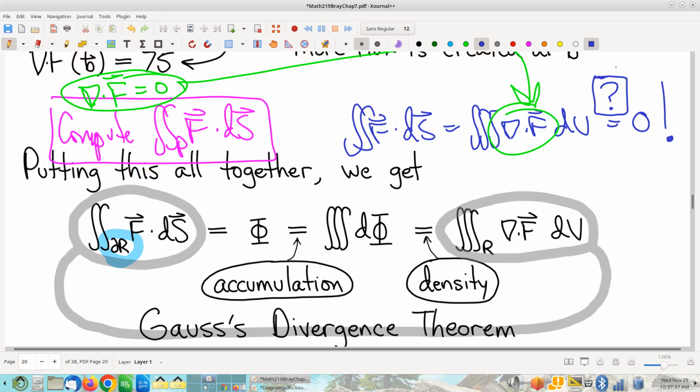This is garbage. You see how tempting it is, though, right? The question was about a flux. Gauss's theorem is about a flux. It really seems like I should be able to just say triple integral of divergence. But this first statement right here is not only not true, it's 100% garbage. There is no triple integral at all.